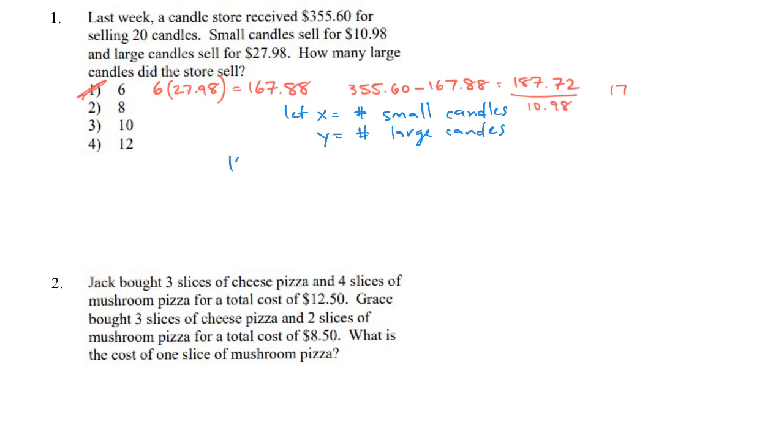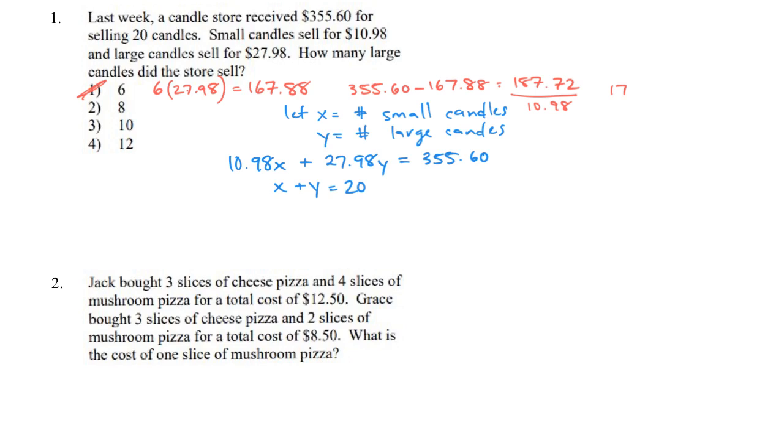First of all, I know that 10.98 times x is going to give me the amount of money from small candles, and 27.98 times y is going to give me the money from large candles. And if you put that together, I get 355.60. At the same time, I know that if I take the number of small candles plus the number of large candles, I should get 20 because I sold 20 altogether.